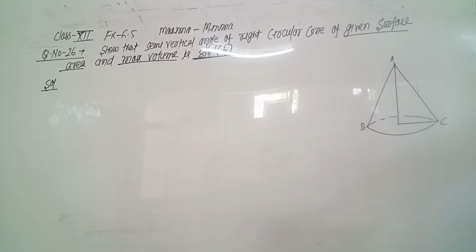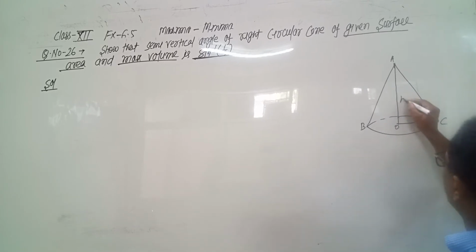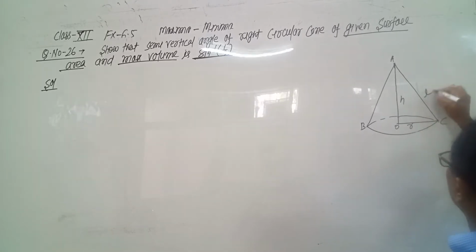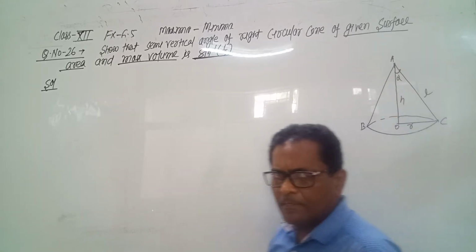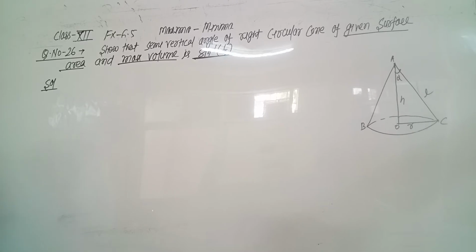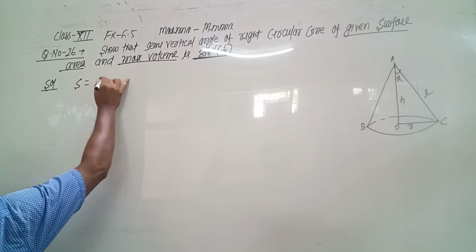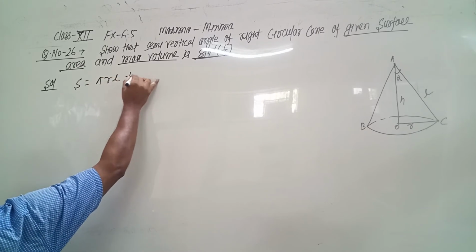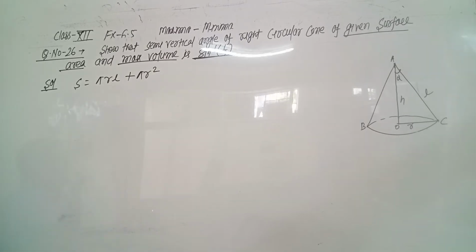This is the cone. This is the height, radius and slant height, and this is the semi-vertical angle alpha. We have the surface area given. Surface area of cone S equals pi r L plus pi r square.